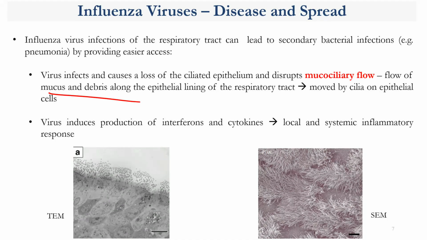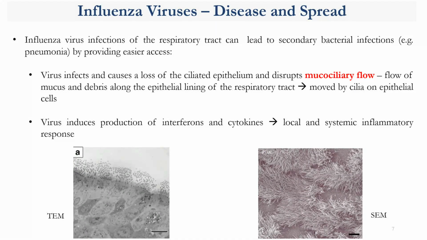A lot of the stuff gets caught in the mucus every single day, and it gets removed from our bodies, or it's destroyed. So if you disrupt this whole process, all the bacteria, for example, that were stuck in that mucus, they're staying there in your lungs. And as a result, they can start replicating, start dividing, and cause a secondary infection.